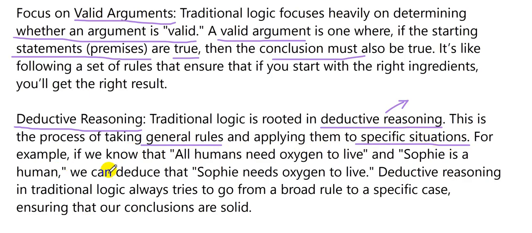For example, if we know that all humans need oxygen to live, that is a general rule, and Sophie is specific. Sophie is a human, so we can deduce, that is, come to a conclusion, that Sophie needs oxygen to live.